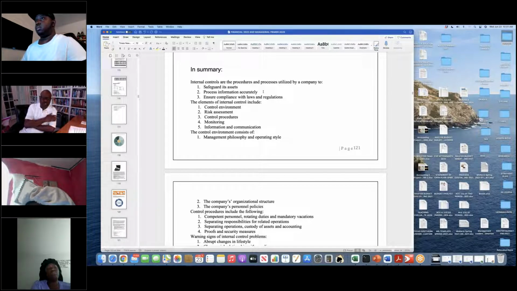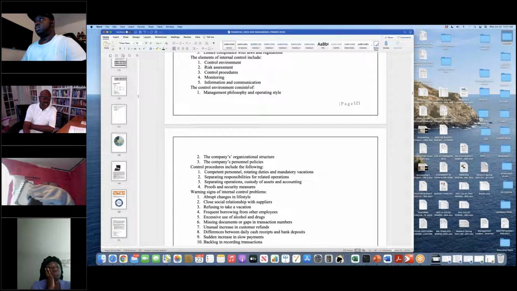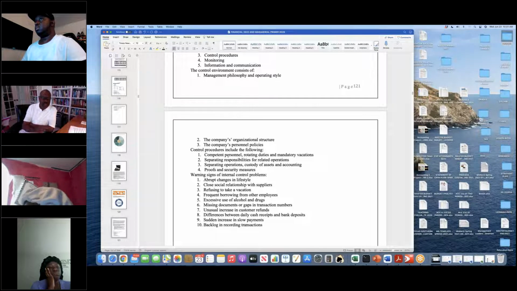Control also has to be the philosophy of the company that you're working with. That's key. Does your company try to do things correctly? And does it have good personnel policies? Then there are some control procedures. You need competent personnel. You don't ever want to hire dumb people. You want competent, smart people.